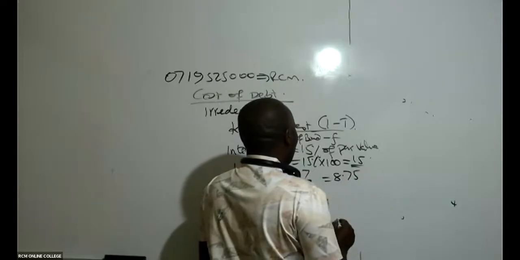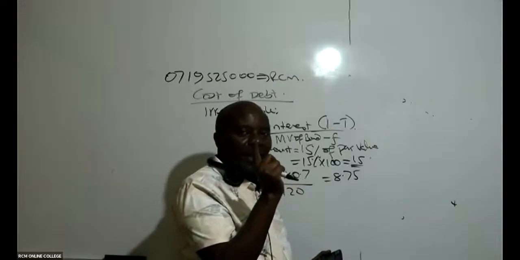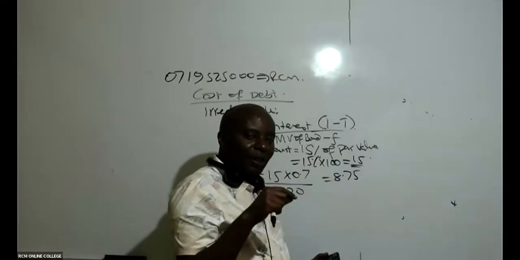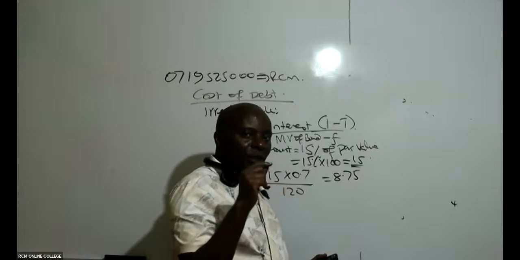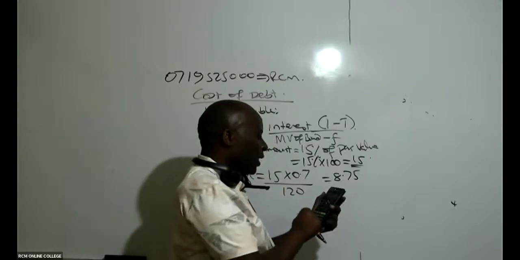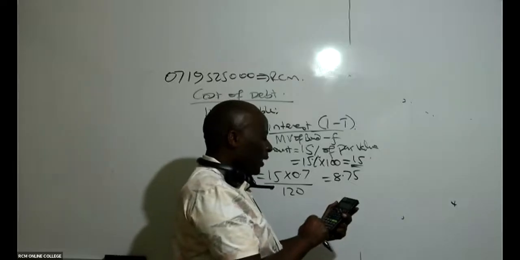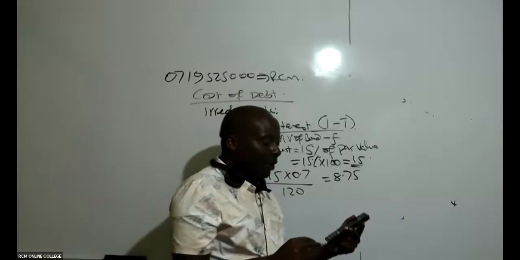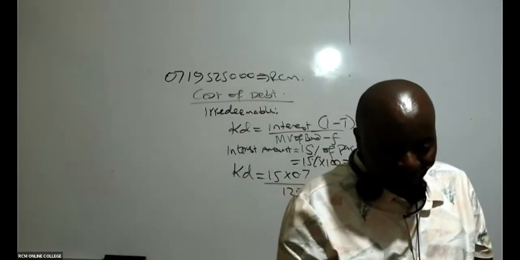Remember, tax rate has been given in the question as 30%. So I should say 1 minus 0.3, which is 0.7. And then I say 15 times 0.7, whatever I get, I'm getting 8.75. Can you kindly confirm?